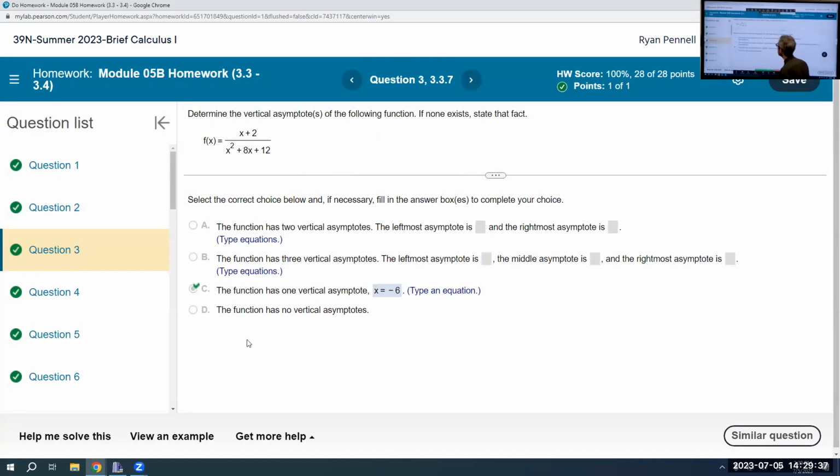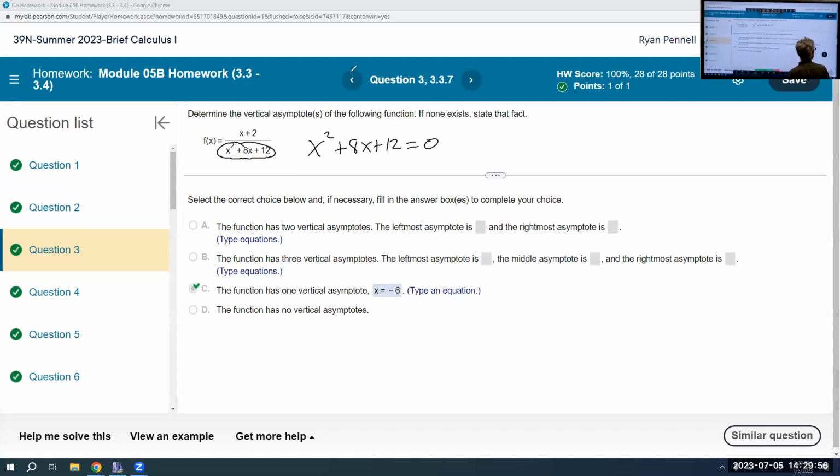Three. Determine the vertical asymptote of the following function. If none exists, state that fact. Well, I just can't have this denominator equaling 0. So x squared plus 8x plus 12 equals 0. Where does that happen?